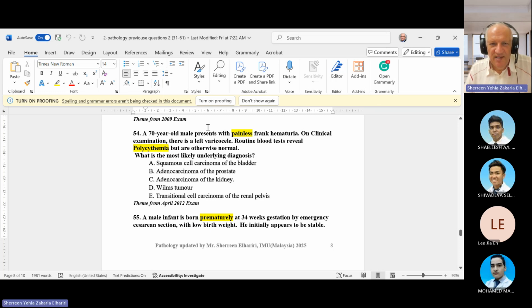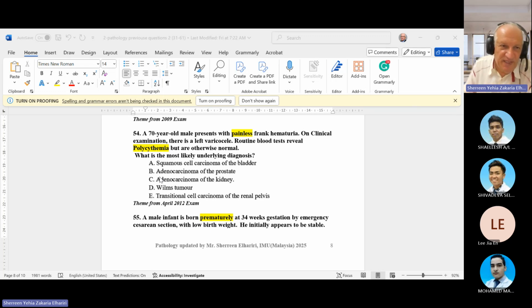Of course, in males, they have varicocele, and this is what we call secondary varicocele. Secondary varicocele means that if you lift the scrotum up, the veins do not empty. It is still congested, so it is secondary varicocele.